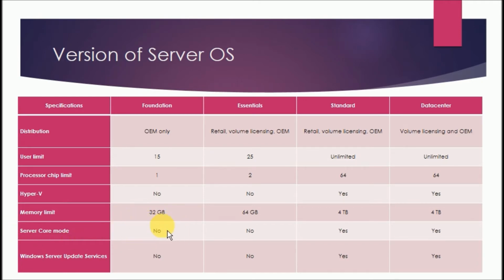The Foundation and Essentials versions don't have server core mode. Moreover, they will not receive Windows Server Update Services, as you can see here. So think carefully before you purchase any version of the operating system. Once you purchase the Foundation version, you will be bound to 15 users, whereas Essentials will be 25 users.